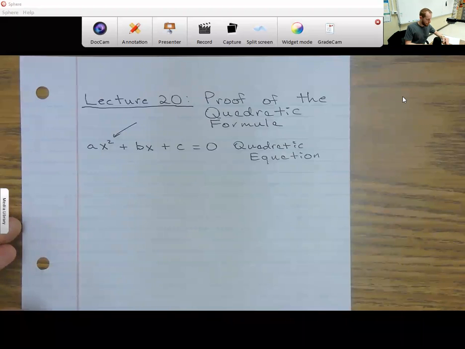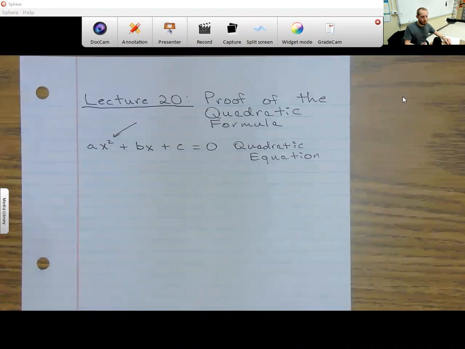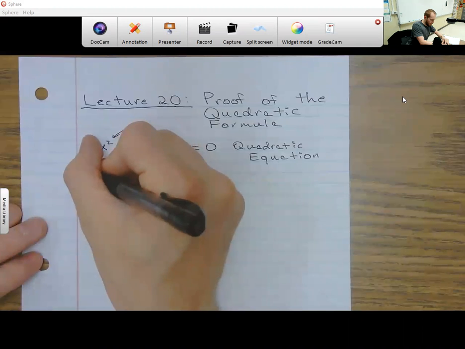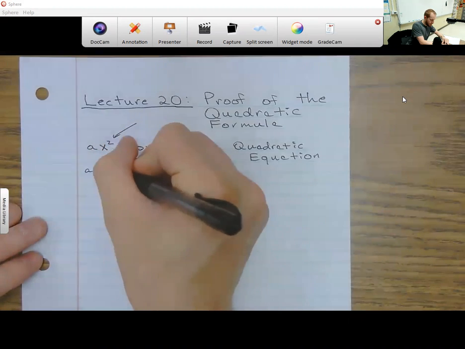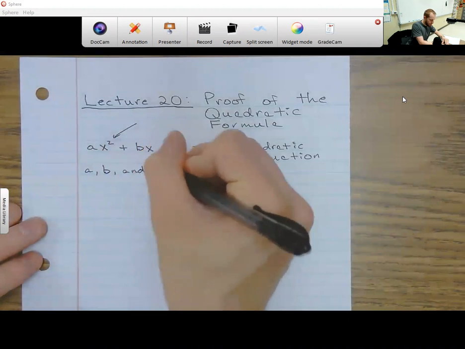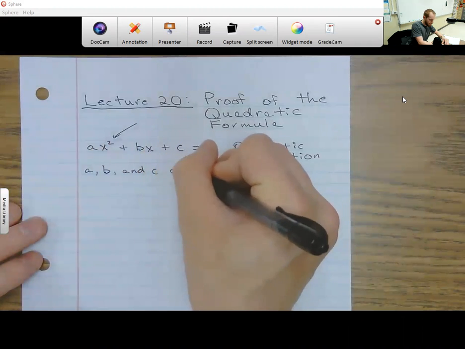And for this, we know that x is going to be a variable, and we know that a, b, and c are real numbers.